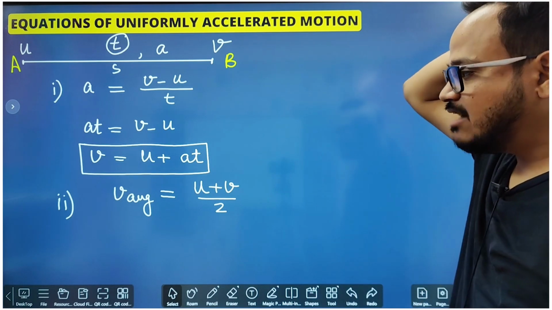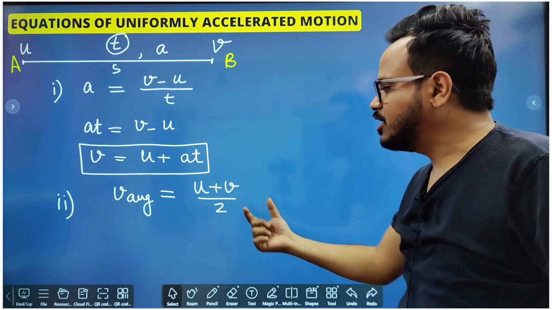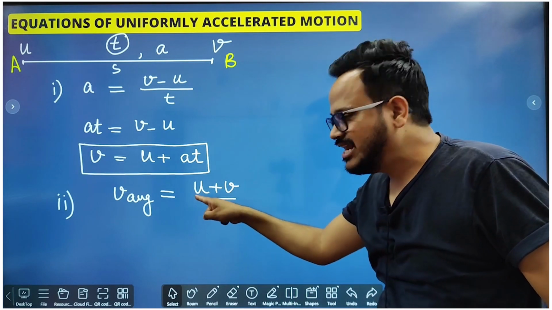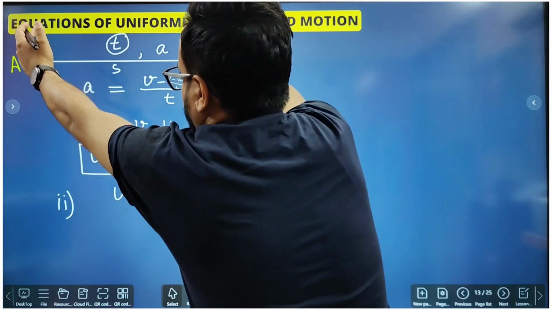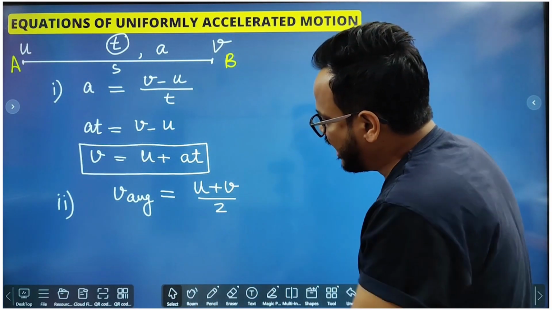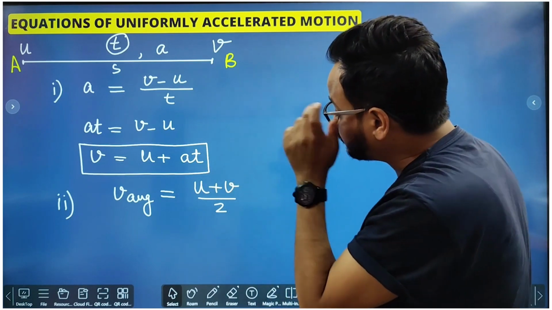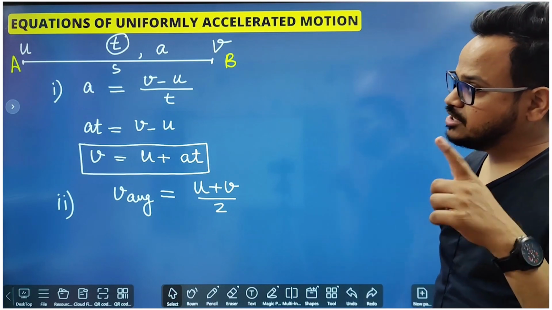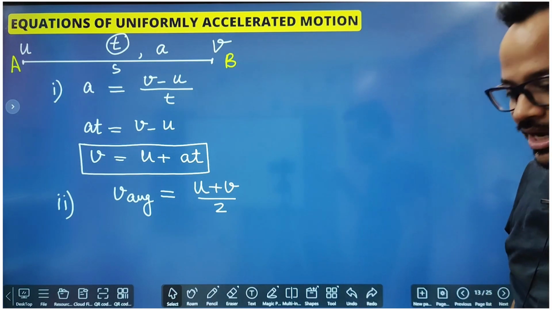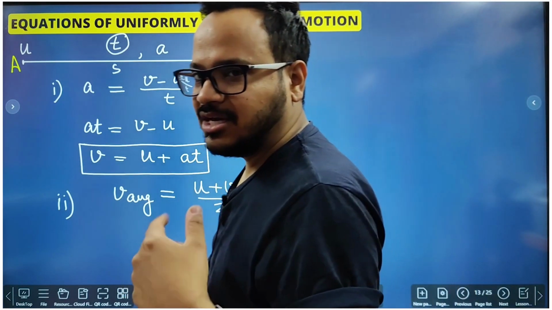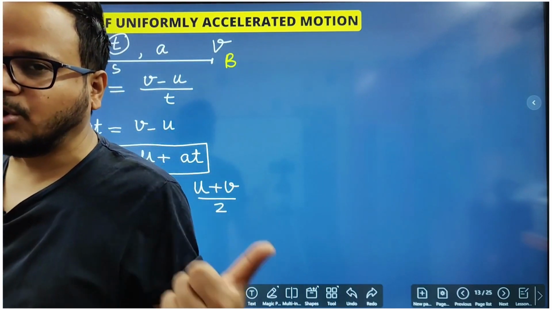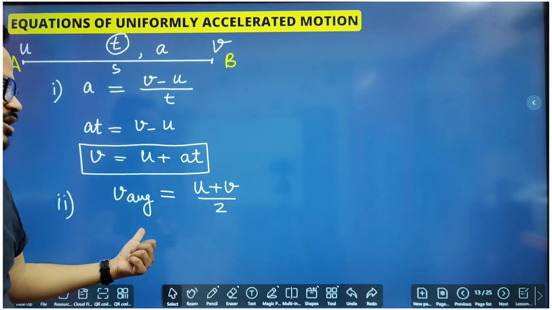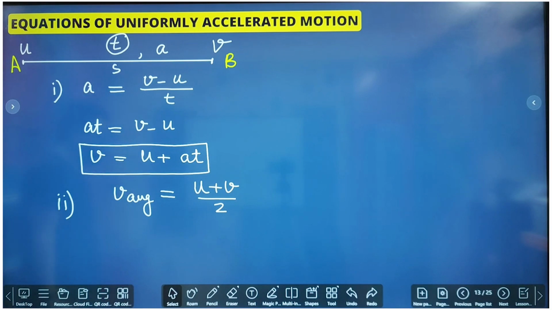So in that case, average velocity can also be calculated using this formula. Minimum value of the velocity during this time plus maximum value of the velocity divided by 2. But this formula cannot be used if the velocity is changing in a random manner. In this case, the velocity is increasing in a uniform manner, so we can use this formula to find the value of average velocity, which is u plus v by 2.